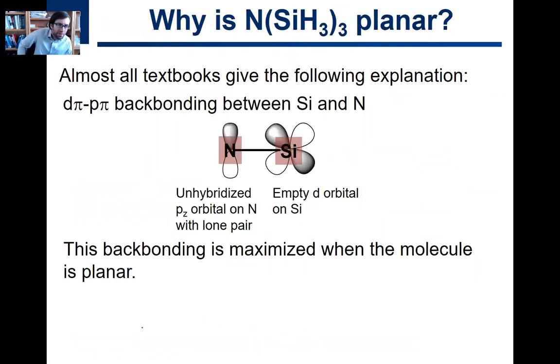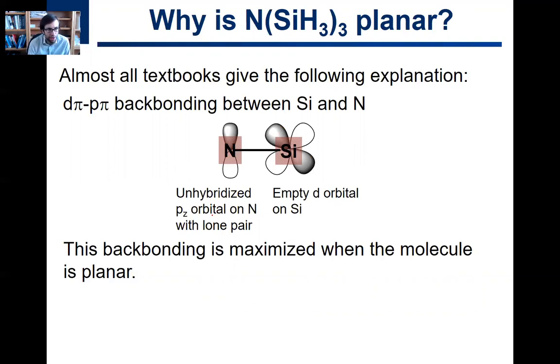And so a lot of the inorganic textbooks that are commonly used in undergraduate and even graduate courses will say that this has to do with some d-pi, p-pi back bonding between silicon and nitrogen, and this is why you don't see it in the methyl derivative, because you don't have the empty d orbitals on carbon, just because you're not in the right period on the periodic table, but silicon you do. And so you can maximize this back bonding and make this molecule planar, okay?